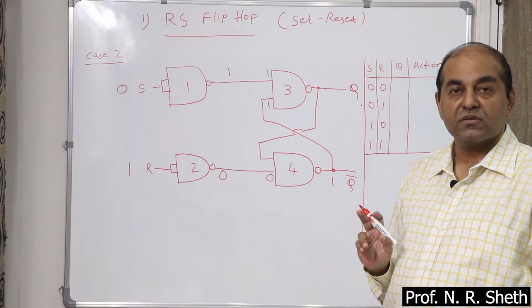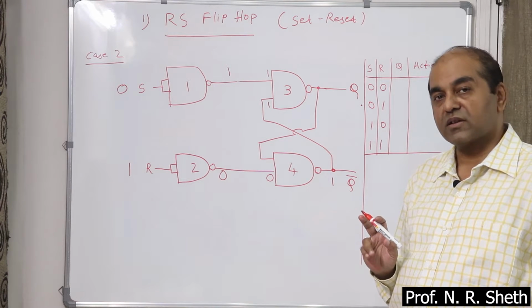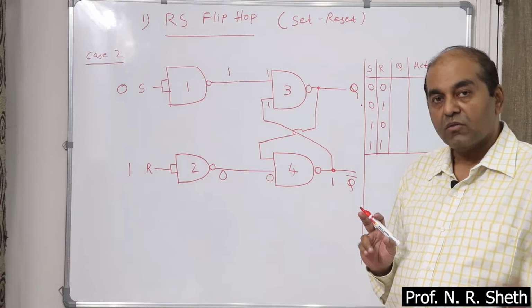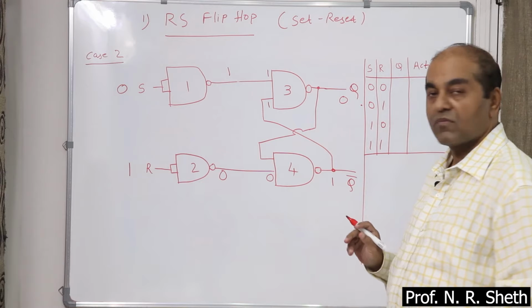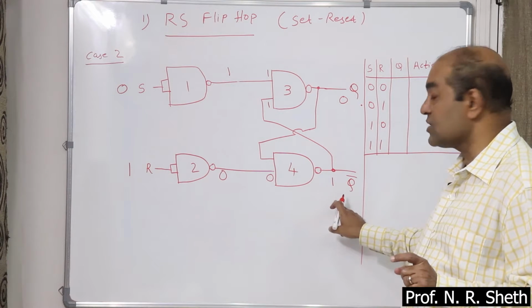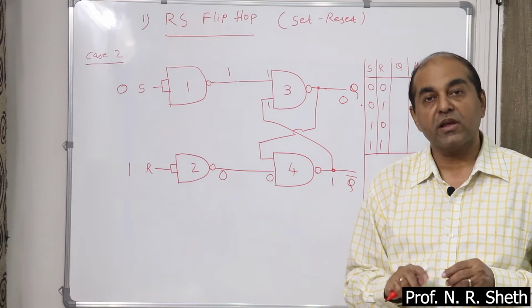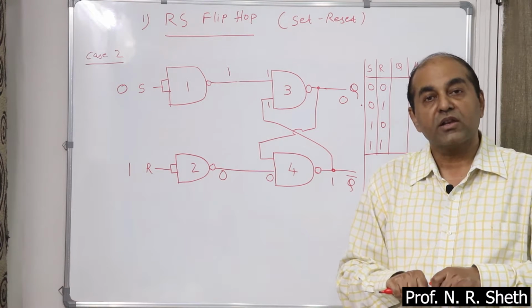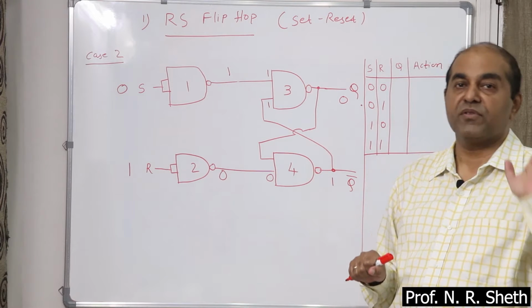Both the inputs 1, 1 in a NAND gate, last case number 4: both the inputs are high, output is 0. Is that clear? Q is 0, Q bar is 1. And remember, this is a fundamental property of the flip-flop, that Q and Q bar must be complement of each other.